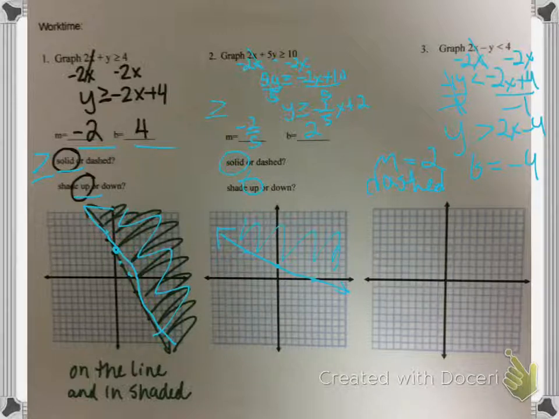And it's going to be, oh, we flipped it. Up. Alright. Because it's greater than, it's going to be up after we flipped it. So now we go to negative 4 on our graph.